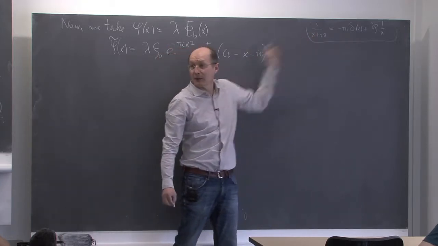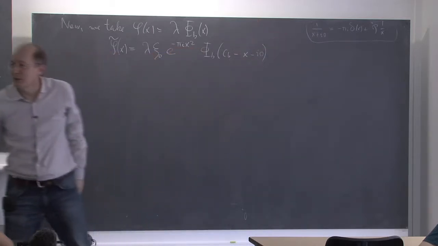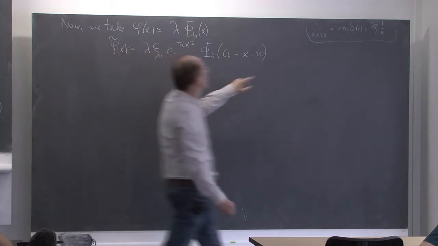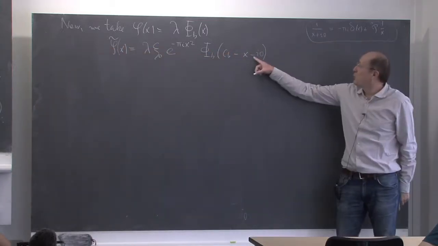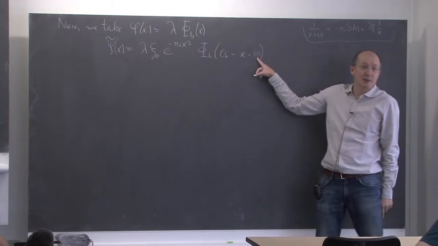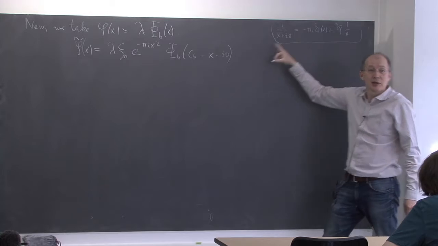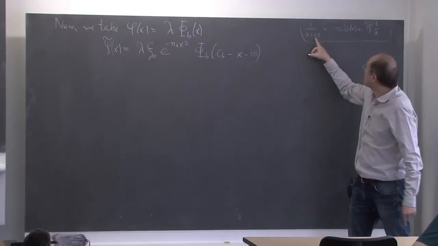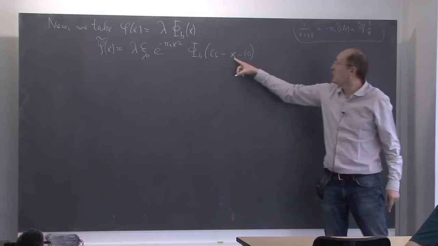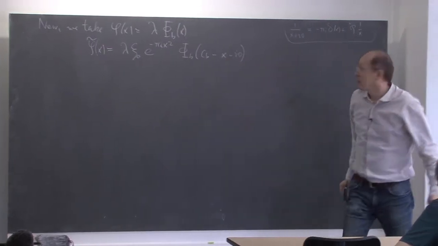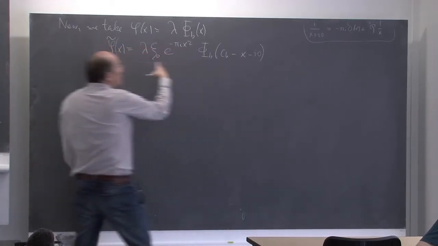In this famous Plemelj-Sokhotski formula, or something like this, for the distributional equality. And we put this minus i0 in the same sense as we put it here, because it tells us how we treat the singularity at x equals 0, likewise here. Okay, so that's a Fourier transformation in the distributional sense.